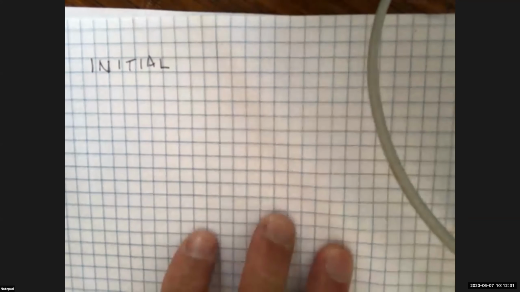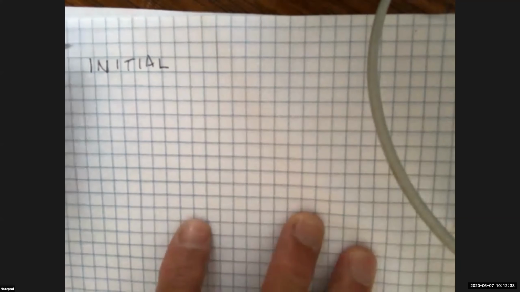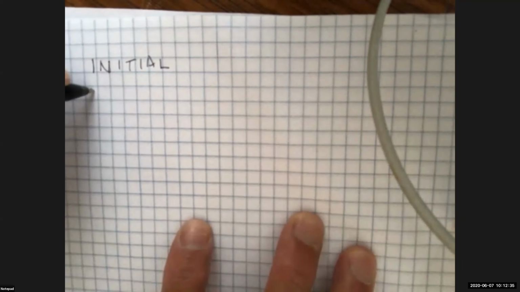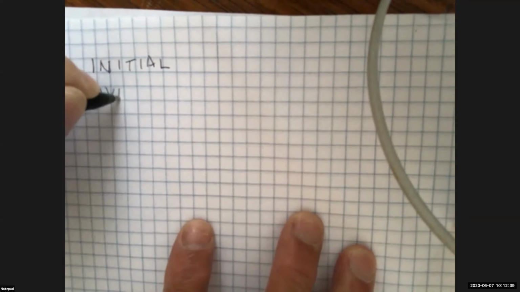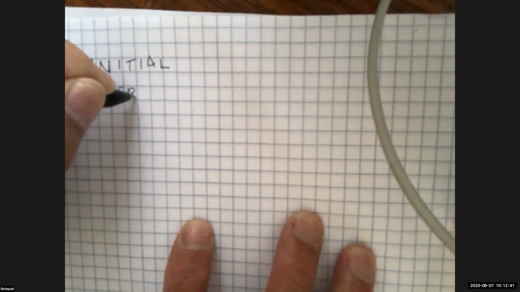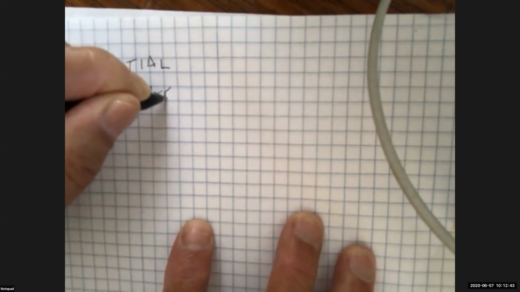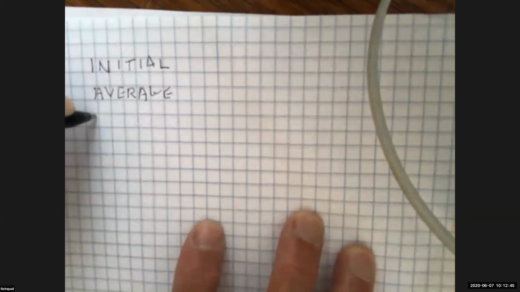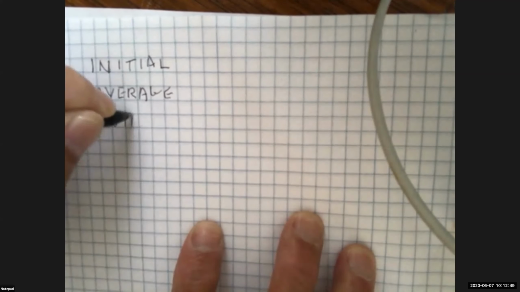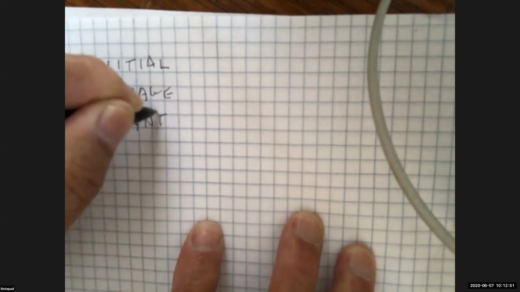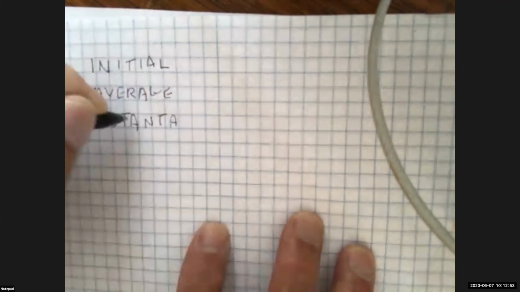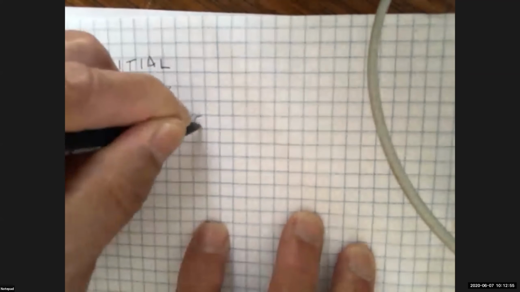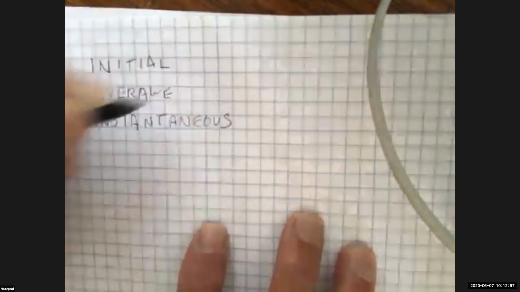And so there's the initial reaction rate. There's another kind of reaction rate we can measure called the average reaction rate. And there's a third reaction rate we can measure called the instantaneous reaction rate.